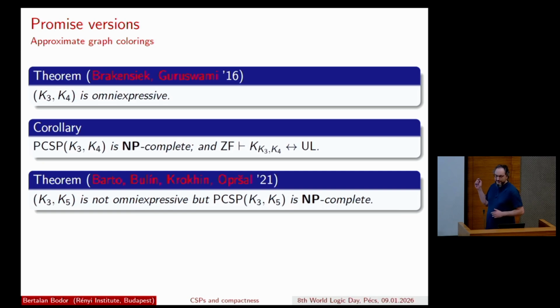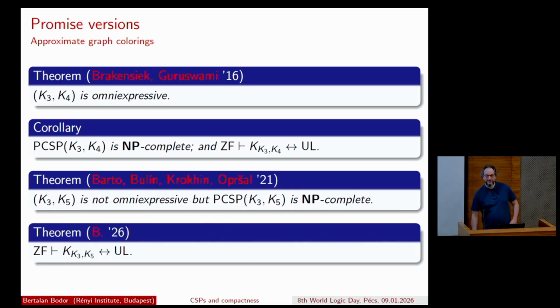And then obviously you want to push this result. It turns out if you increase this number 4 to 5, for instance, then things are not so nice. We know that K3, K5 is not omniexpressive, but for different reasons, we know that the corresponding PCSP is still NP complete. And my little contribution here, as you can guess, is the same conclusion as here, but you can change the number 4 to 5, still equivalent.